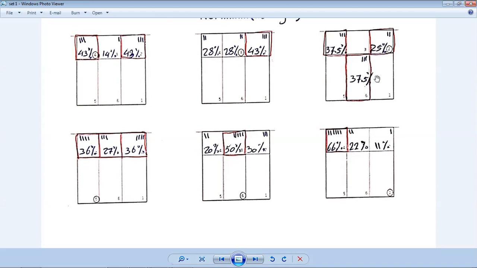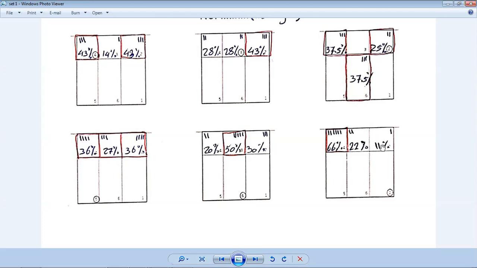Okay, is it clear? From here, she comes from position 1 to set the ball. 66% he sets the ball to position 4, 22% he sets the ball to position 3, and 11% she sets the ball to position 1.